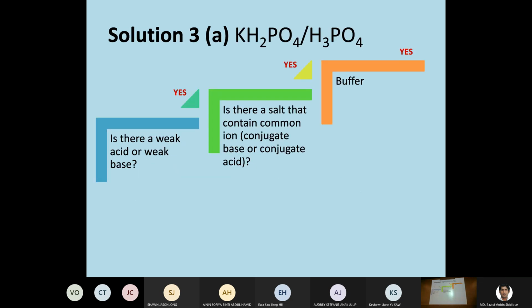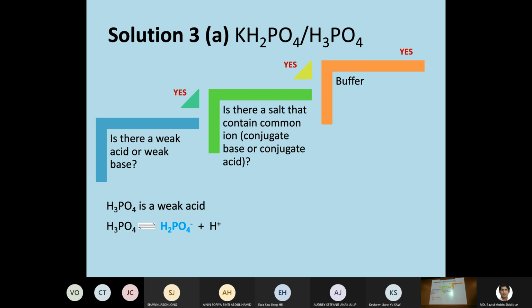All right. So number one is, is there a weak acid or a weak base? Phosphoric acid is a weak acid because it does not give up its hydrogen ion that easily. It dissociates partially, so it produces an equilibrium, right?